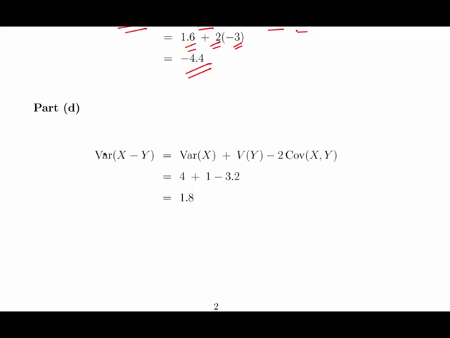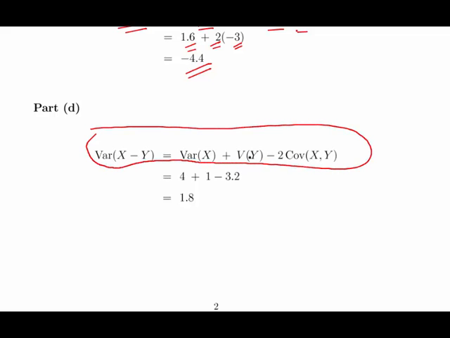Okay, finally, this is the variance of the difference of x and y. Essentially we could just multiply it out, but actually you can invoke this formula immediately: the variance of x plus the variance of y minus 2 times the covariance of x and y.